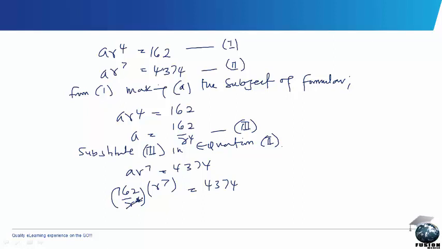So r^4 can take care of r^7, and so we have 162 r^3, because 4 cancels out 4 r's, and 7 will have 3 r's remaining. So 162 r^3 is equal to 4374, so that r cubed is equal to 4374 over 162.